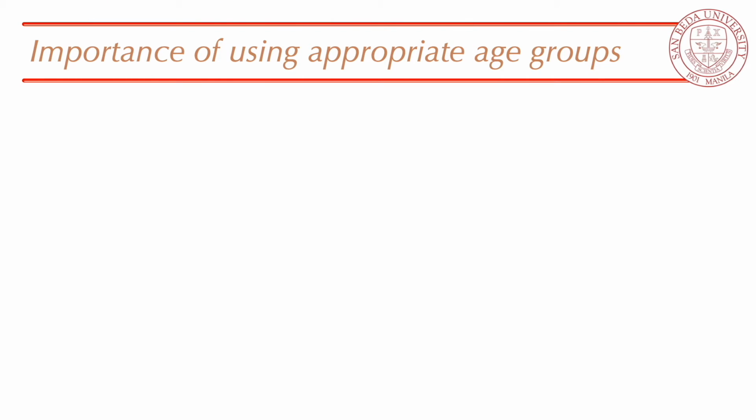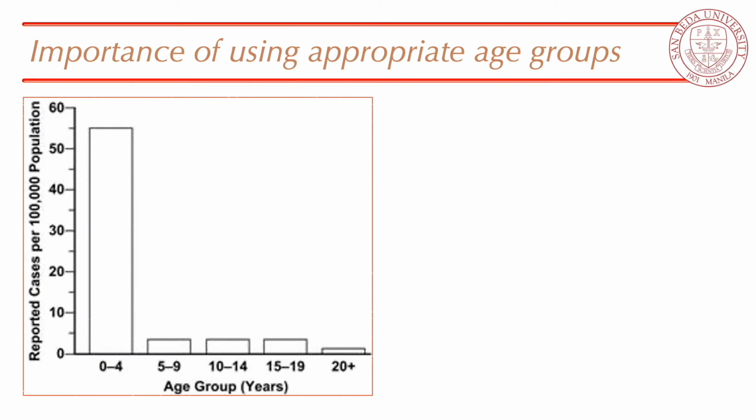Now, here's the example I was talking about, stressing the importance of using appropriate age grouping. Now, let's say for a particular disease, we graph the reported cases per 100,000 population using the following age groups here in this graph. We note a prominent percentage of said disease among children aged 0 to 4 years. Now, as you will learn eventually under pediatrics, there will be stark differences in characteristics among infants and children greater than a year old.